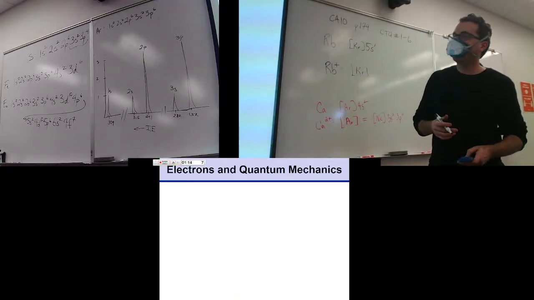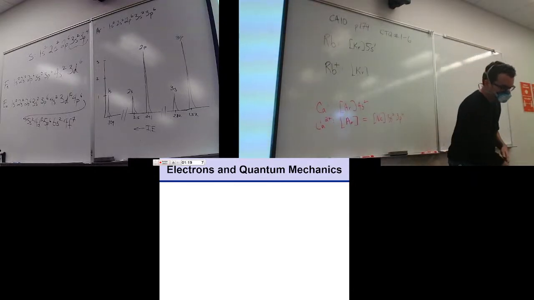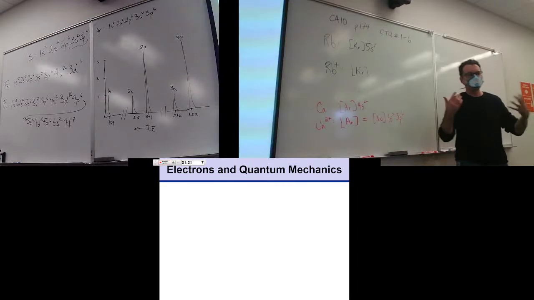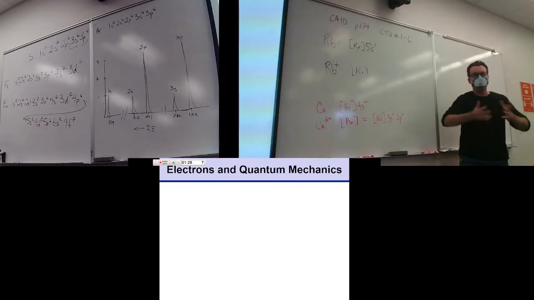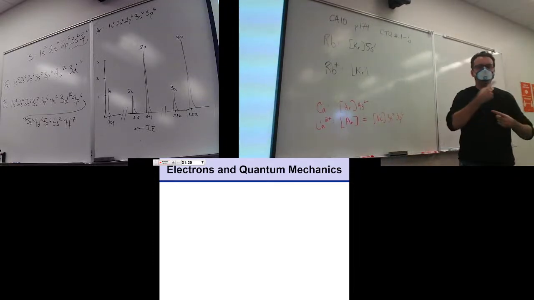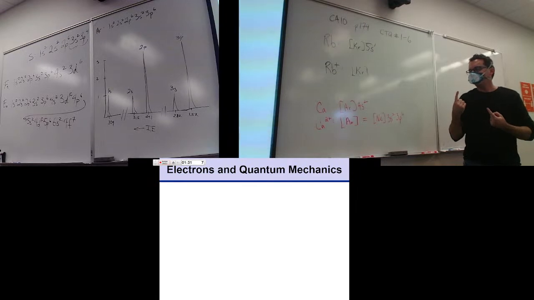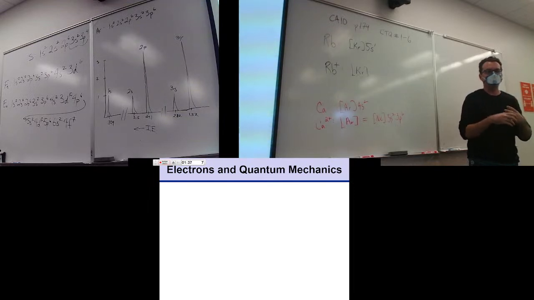So that's it. That's what I want to talk about today. But let me tell you what we're going to talk about next. So we have this model that works really well to explain all the data we've talked about so far. It fits the data, so it's a valid model. But this model is simplistic in how we visualize what's happening with the electron.